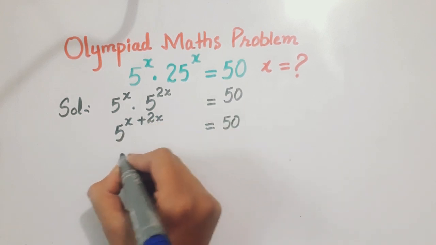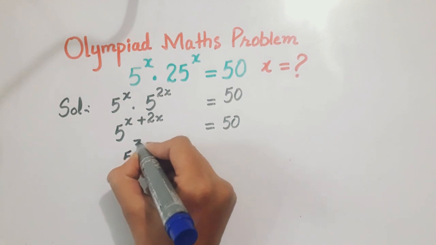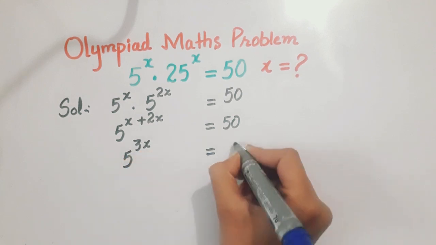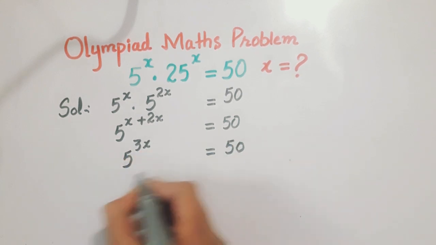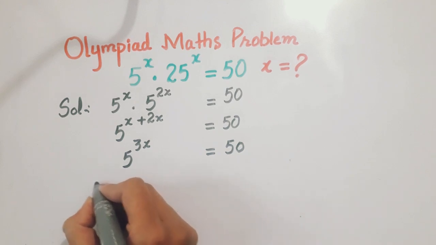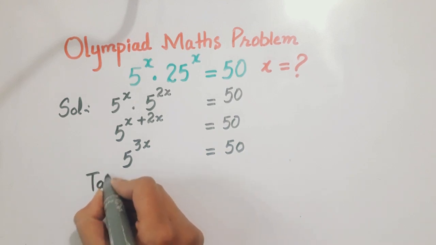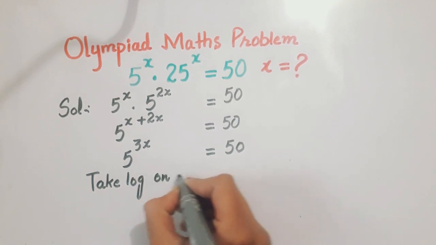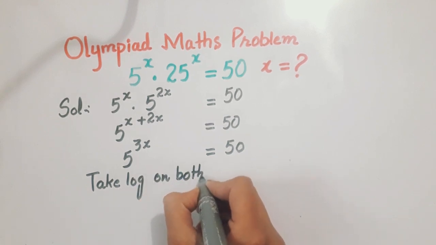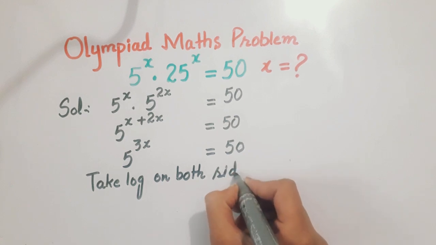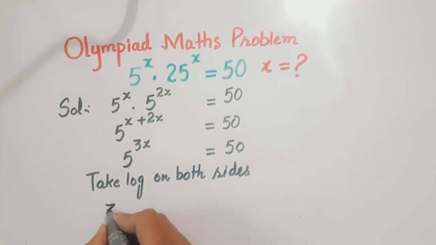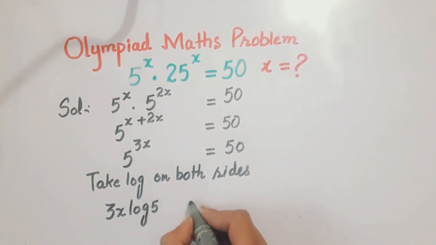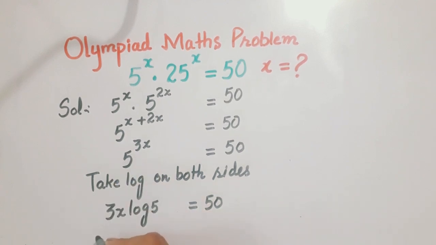Now, 1 plus 2 is 3, so it will become 5 raised to power 3x. That equals 50. Now we will take log on both sides. We will get 3x, then log 5 equals log 50, because the power comes to the start when we take the log.